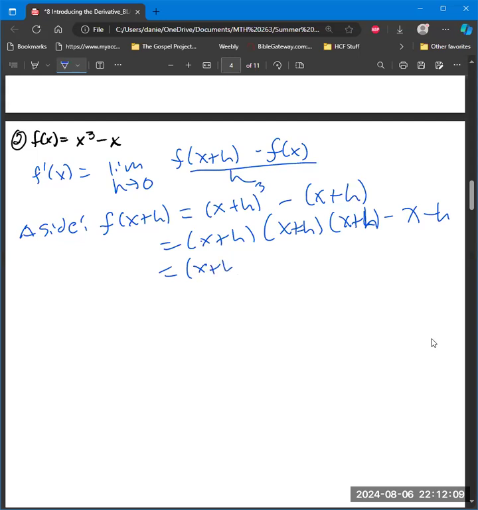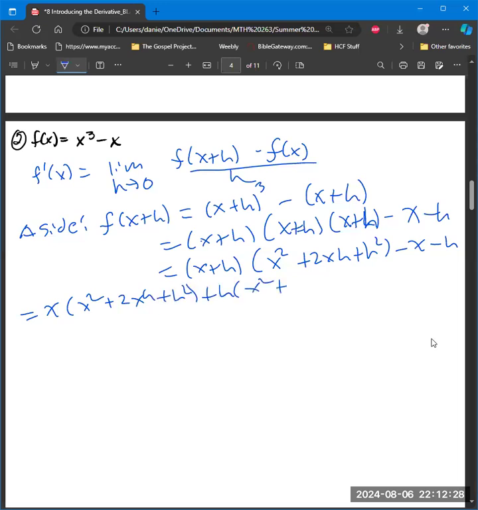I'm going to leave this first one over here on the left, x squared plus 2xh plus h squared. We did that one earlier. So x minus h. Now I need x times x squared plus 2xh plus h squared plus another h times x squared plus 2xh plus h squared minus x minus h.